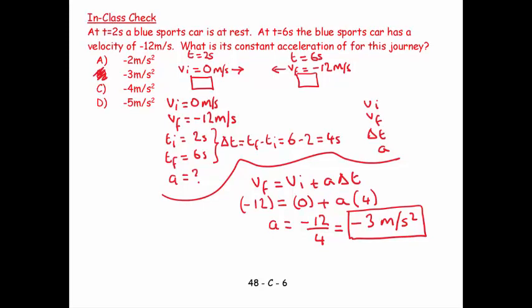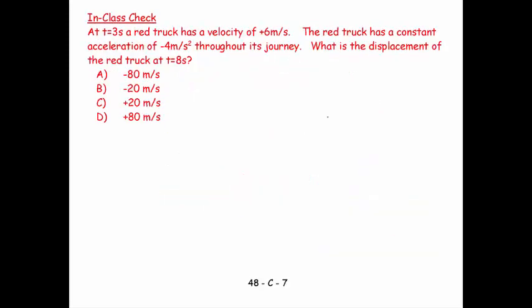Let's do another one. At t equals 3 seconds, a red truck has a velocity of 6 meters per second. So we have t is equal to 3 seconds, and my truck has a velocity of VI is equal to 6 meters per second. The red truck has a constant acceleration of minus 4.